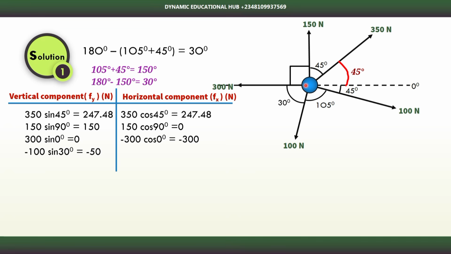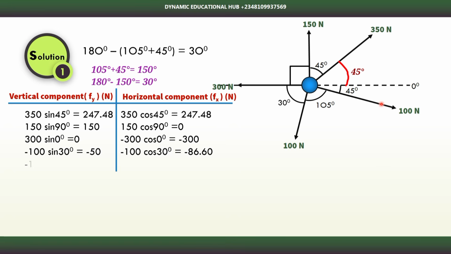Observe the direction first. Now it will pull this object along the left hand side, so it will be negative. So we now have minus 100 cos 30 degree. We are using this angle, cos 30 degree. So cos 30 degree is 0.866. When you multiply it by minus 100, you get this.